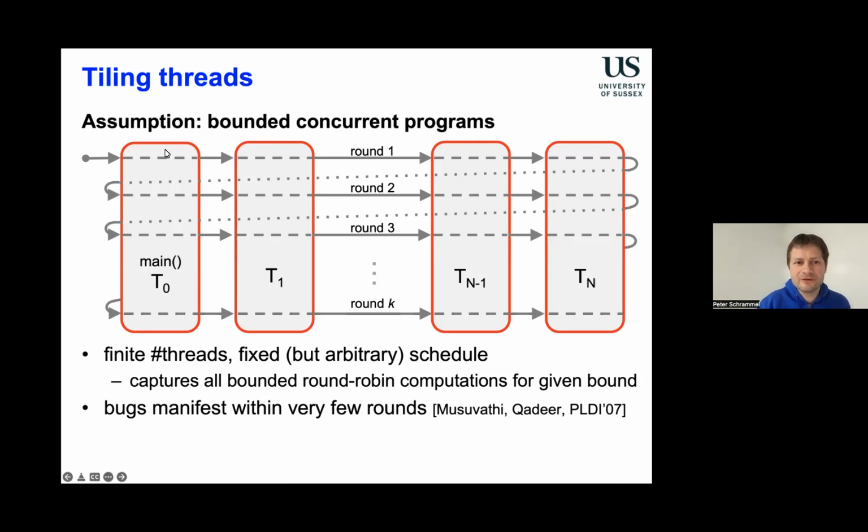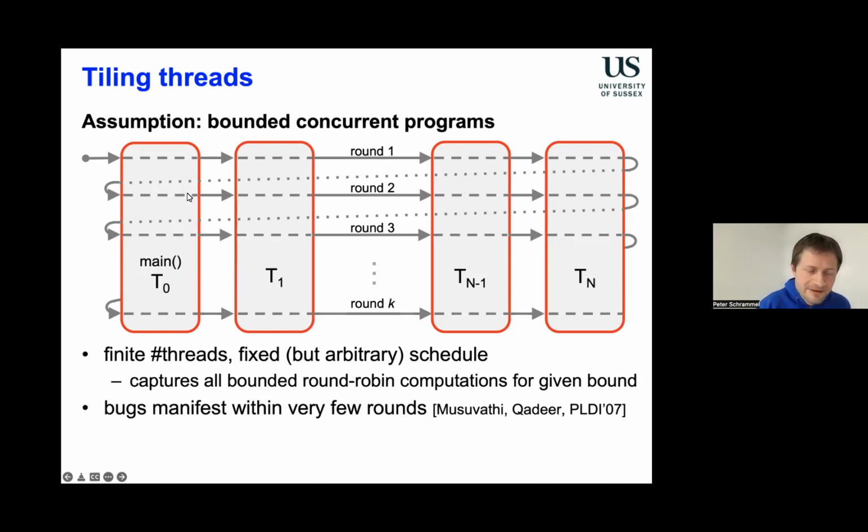So in the first round, for example, you could first execute T0 and then jump to T2. And then you have to simulate that there is, for example, a context switch from T2 to T3.